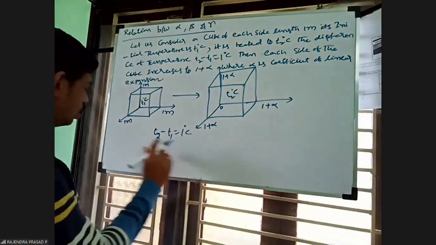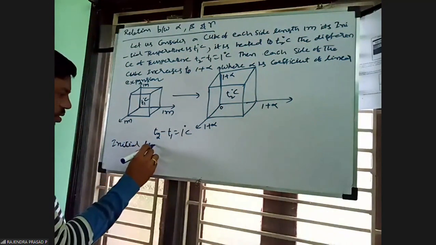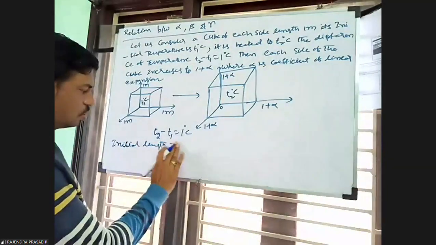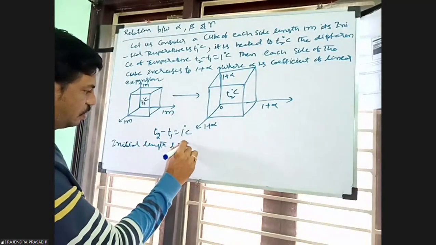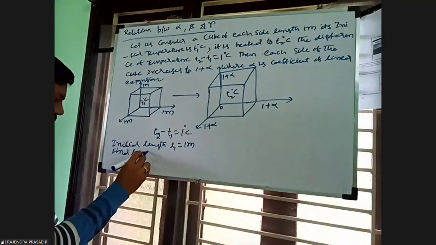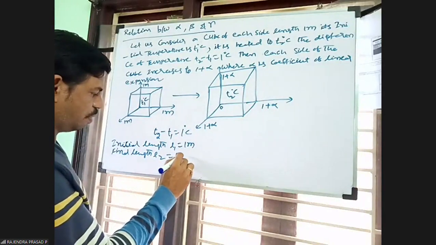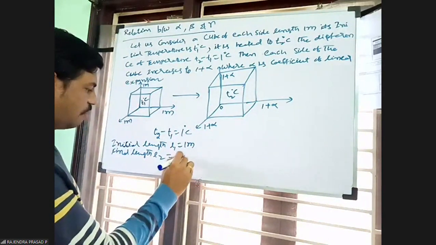First one, initial length: L1 is equal to 1 meter. Final length: L2 equal to length into 1 plus alpha meter.